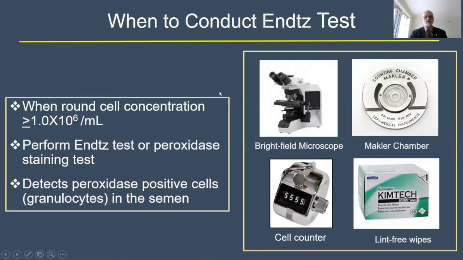There are two different leukocyte tests available: the ENS test or the peroxidase-positive cells test with the orthotolidine.